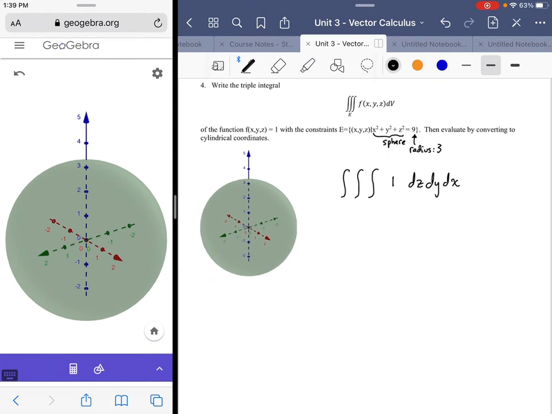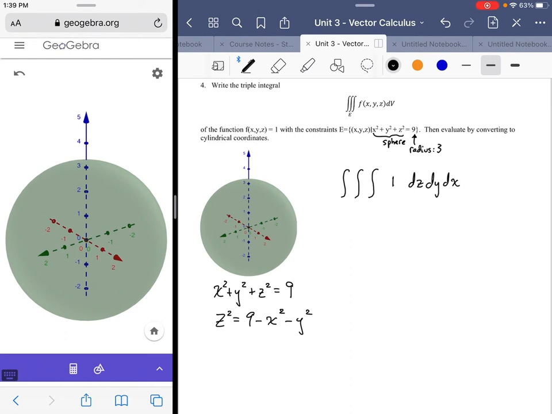If that's the case, and we know that x squared plus y squared plus z squared is equal to 9, we could solve this by subtracting the x squared and the y squared. So z squared would be equal to 9 minus x squared minus y squared.